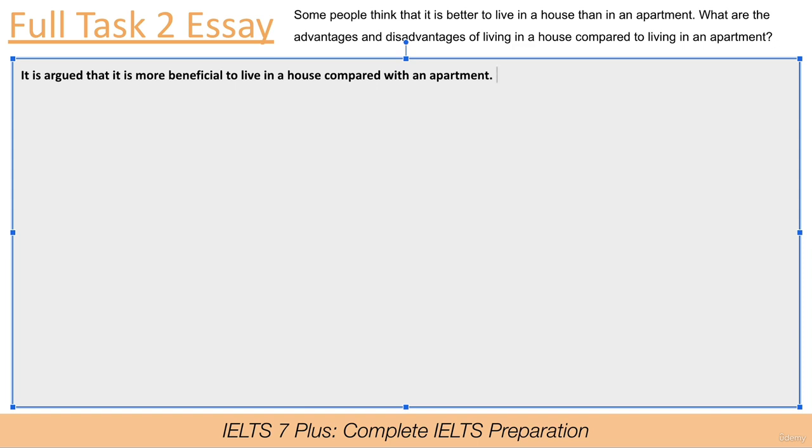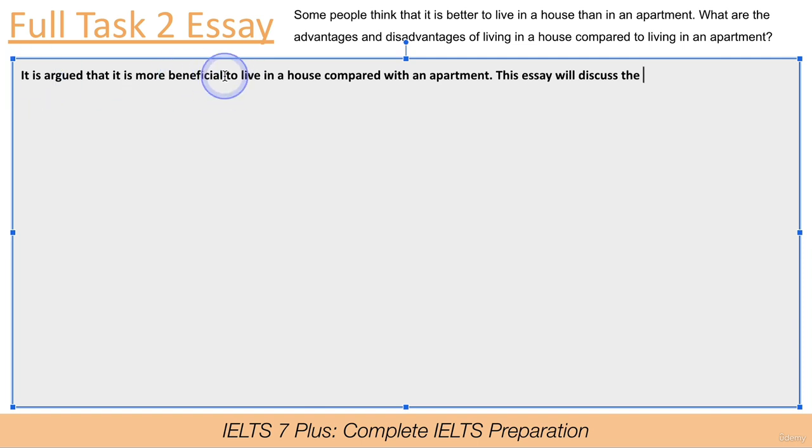Okay, so what are the advantages and disadvantages? Well, that's what we're going to say now, is that we're going to tell the reader, the examiner, what we're going to do in our essay. This essay will discuss... we've used beneficial, I was going to say benefits, we don't want to say advantages, let's have a think.